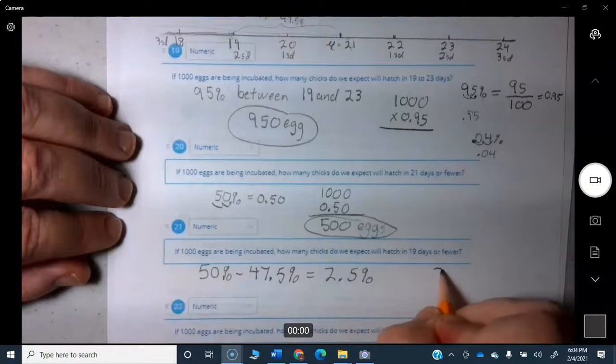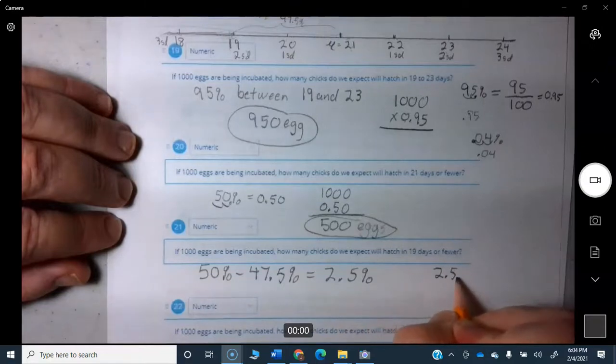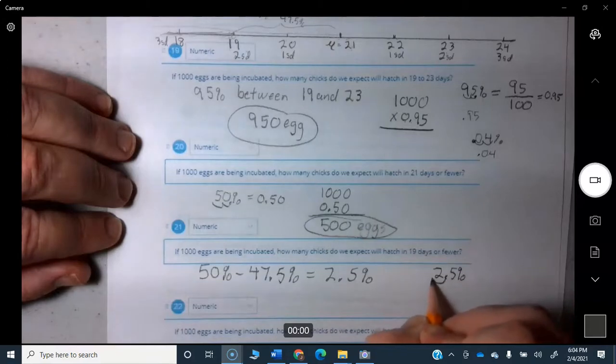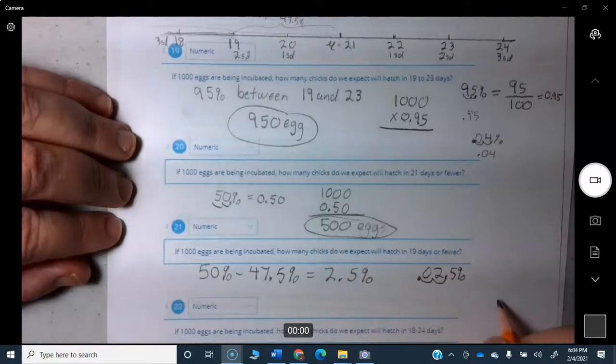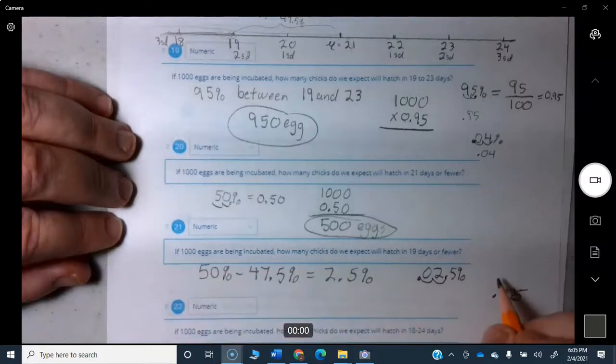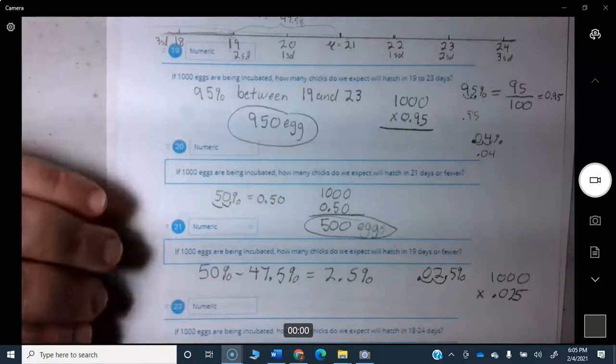Now we're going to come over here and write 2.5%. We're going to do our little decimal trick. It's 1, 2 places, and then you got to fill this in with a 0. So that gives us 0.025. And now again, they want to know how many eggs. That's 1,000 times 0.025.